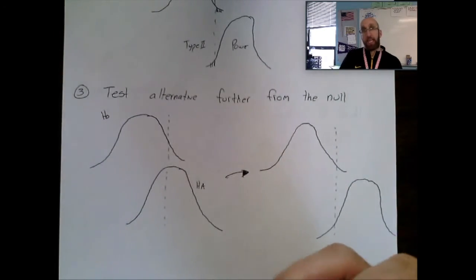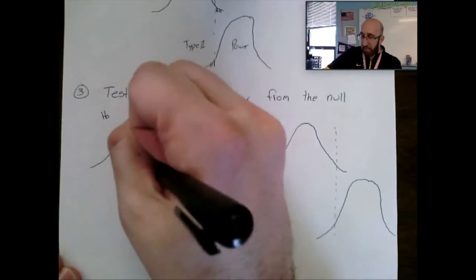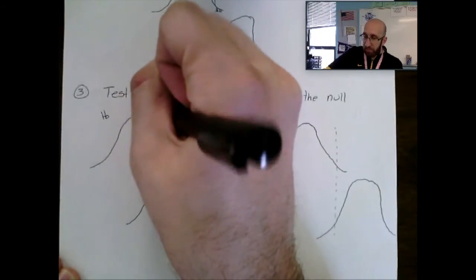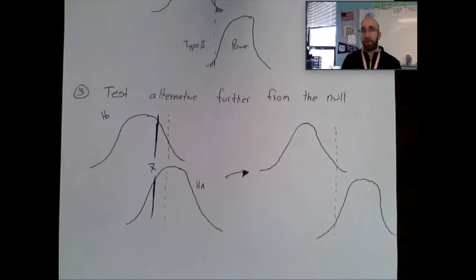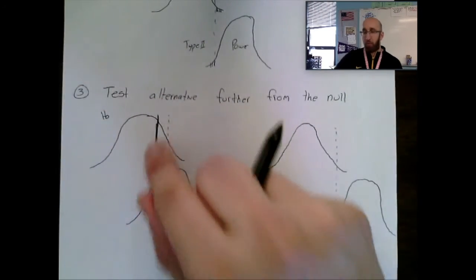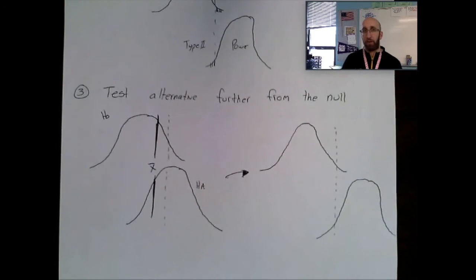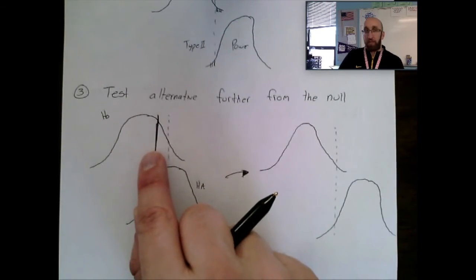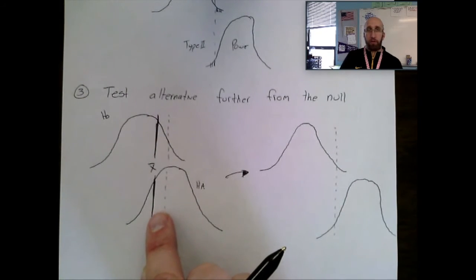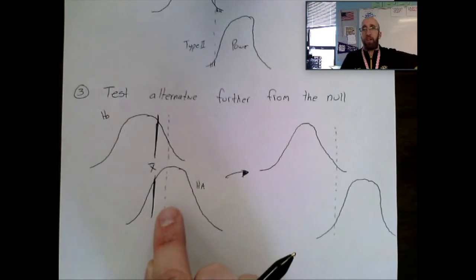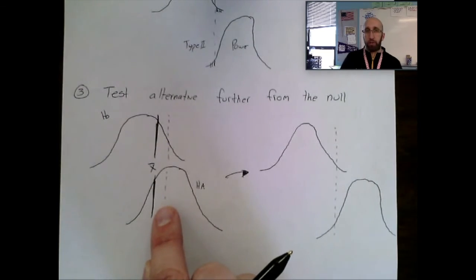So if I got, say, an X bar that's centered right here, if your alternative hypothesis is very close to your null hypothesis, it's hard to tell which distribution this X bar belongs to, okay? It looks like it could definitely belong to this null, and it looks like it could definitely belong to this alternative. So first off, it's just a terrible idea to test an alternative really close to the null. It's going to be hard to decipher which one is true.